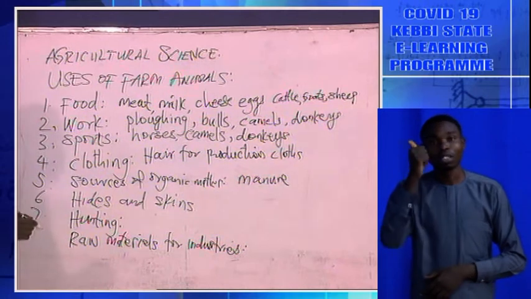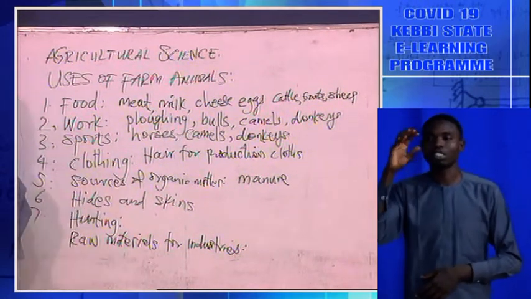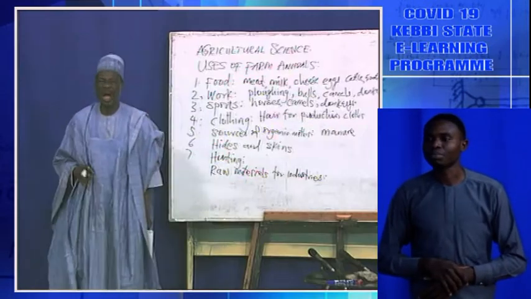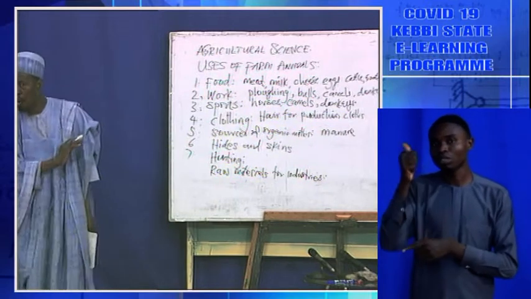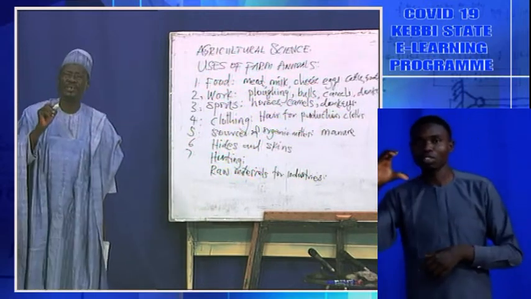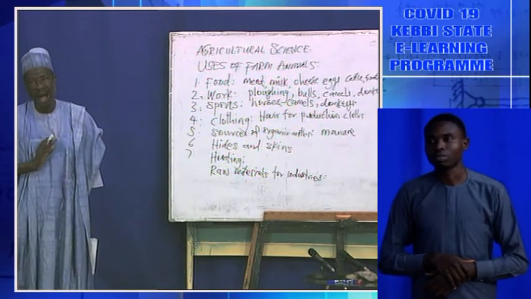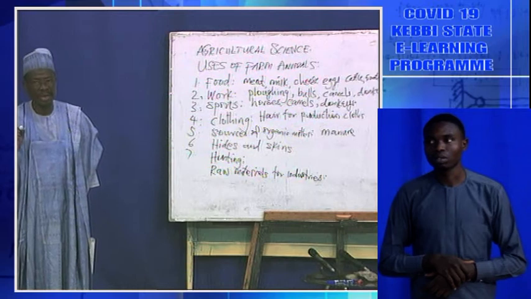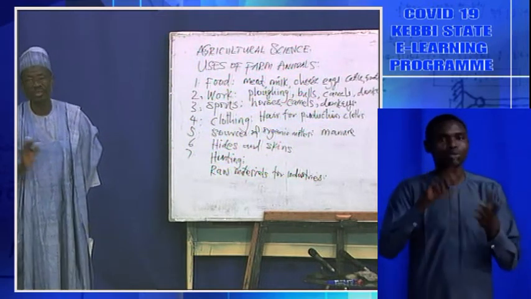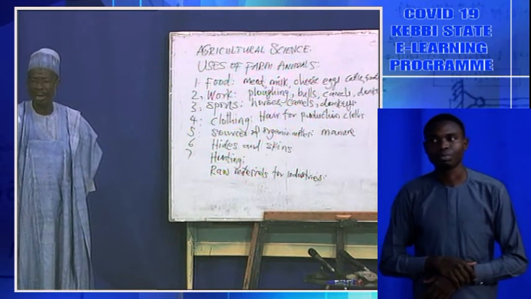Hides and skins. What's the difference between hides and skins? The hides are all skins, all of them. The skin and the hides are all skins, but the difference is just that those of large animals are hides, and for the small animals, their skin is just called skin, like skin of goats, sheep, and others.